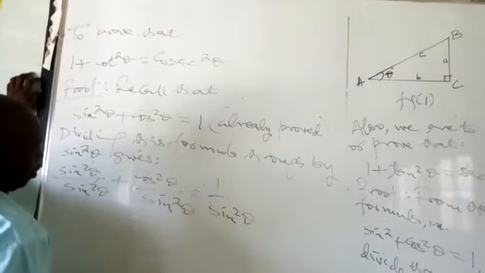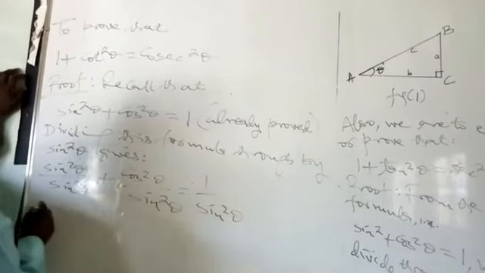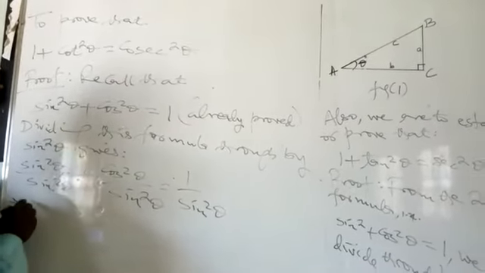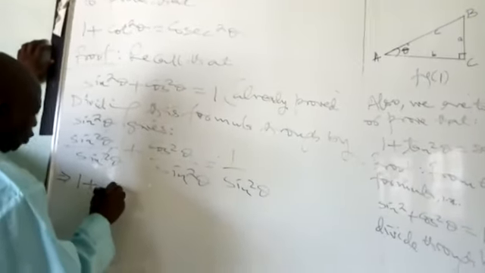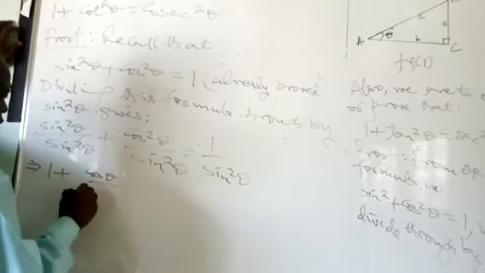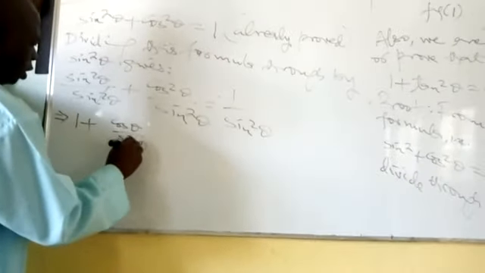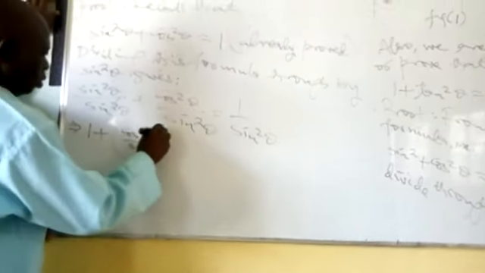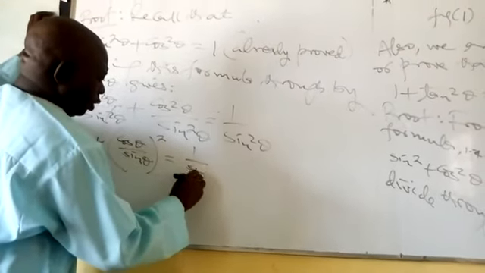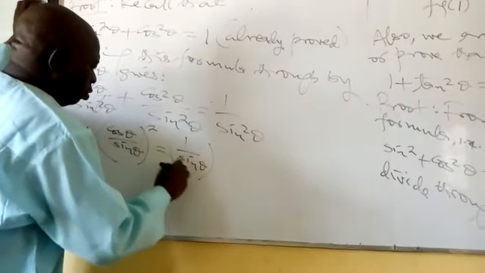Now, so what do we have? This means that 1 plus cos square theta over sin square theta is the same thing as (cos theta over sin theta) all square. And that is equal to 1 over sin square theta, the same thing as (1 over sin theta) all square.